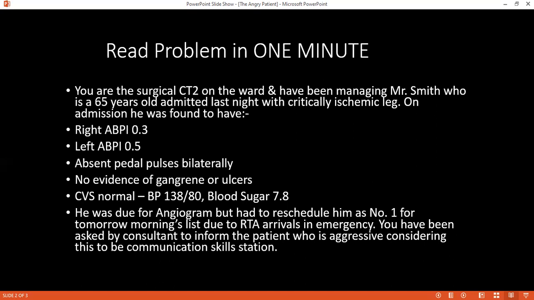Yes, I'm really, really sorry for that, Mr. Smith. But as we see in the review, your blood sugar is 7.8. Also, based on your previous charts, I cannot see any ulcer or gangrene.